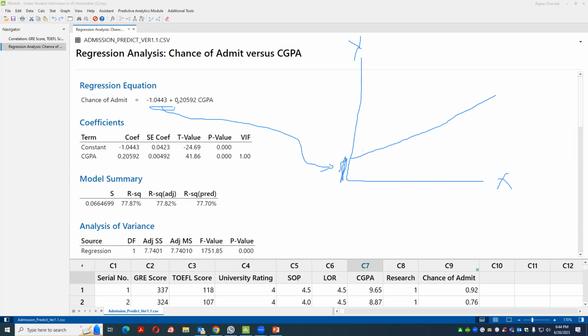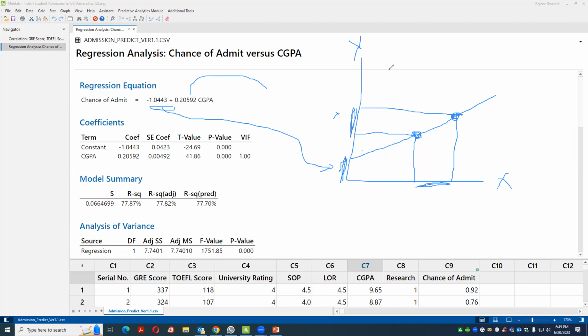The second value is based on the slope. How can you get the slope? You pick two points anywhere on the line, and draw perpendicular and horizontal lines.